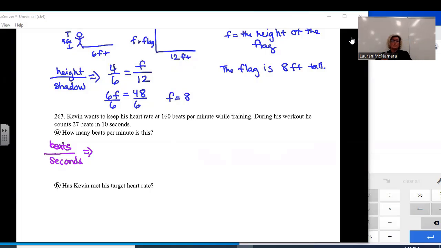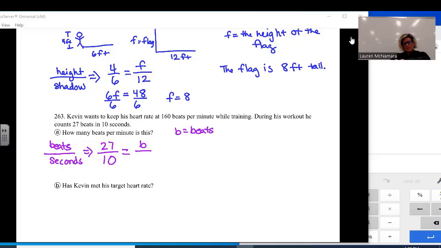Now, I'm going to write what they give me. They give me 27 beats over 10 seconds. How many beats per minute is this? Equals. In my denominator, I'm looking for my beats, so I'm looking for B. I'm going to label that as beats.